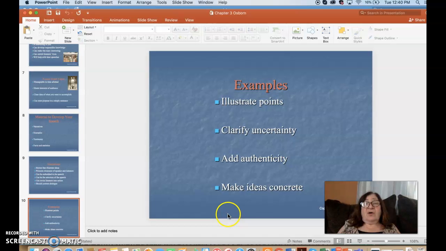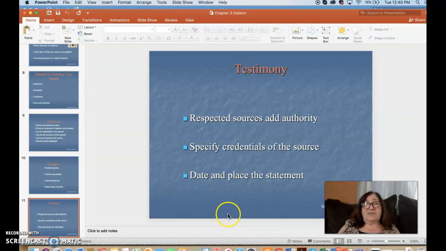It creates authenticity for your speech and makes your abstract ideas concrete and specific. A testimony brings authority, credibility to your research. A testimony from a respected person adds to your ethos, to your credibility, and the credibility of your statement.